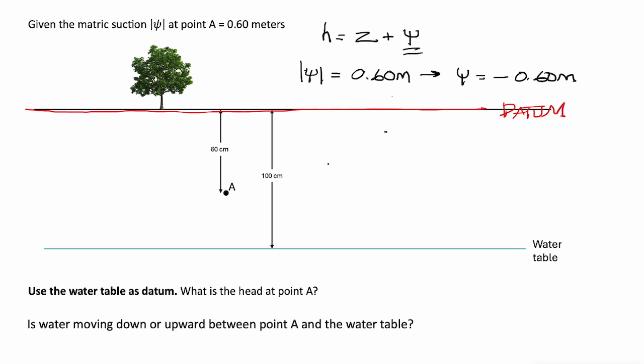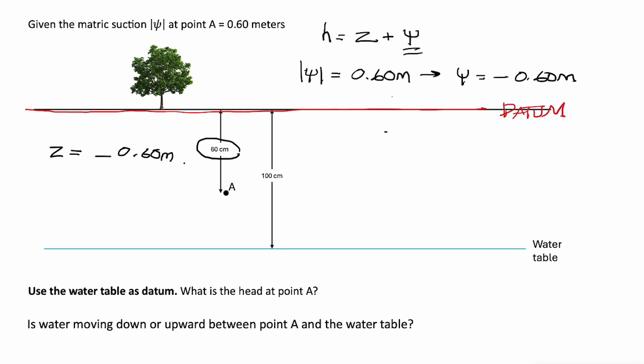Z now, however, is measured from the surface of the ground. And so we can see right here that A lies 60 centimeters, or 0.60 meters, below the surface of the ground. So in that case, Z will equal minus 0.60 meters.